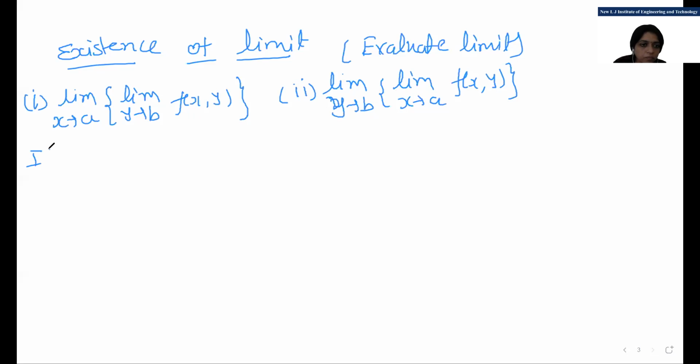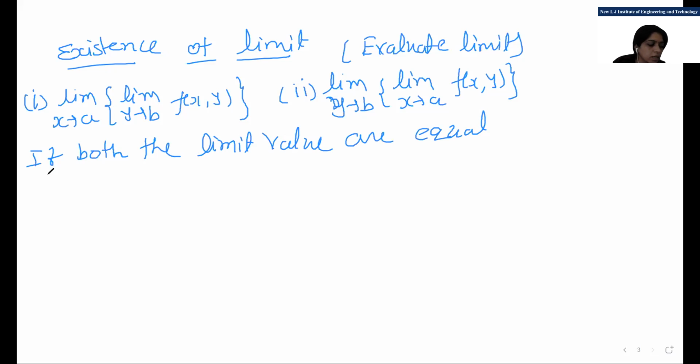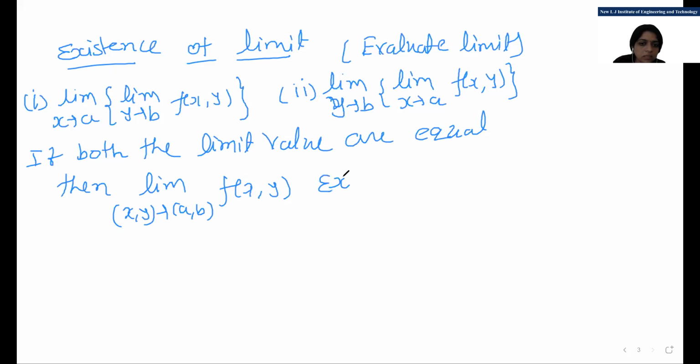If both the limit values are equal, then limit (x, y) tends to (a, b) of f of xy exists. Okay. So this is the first rule.